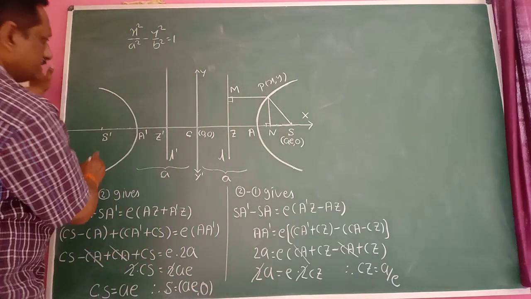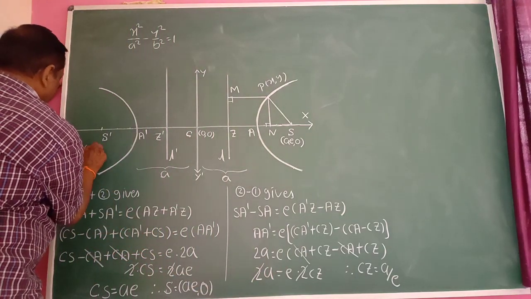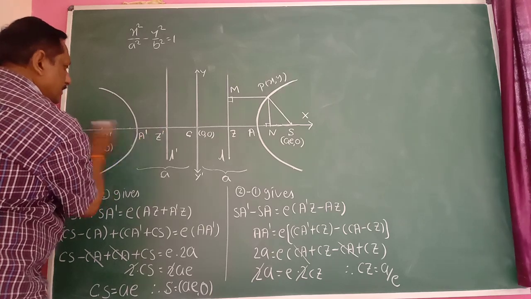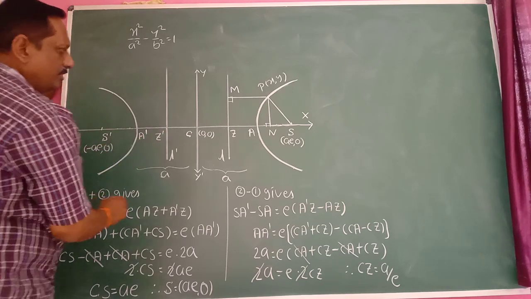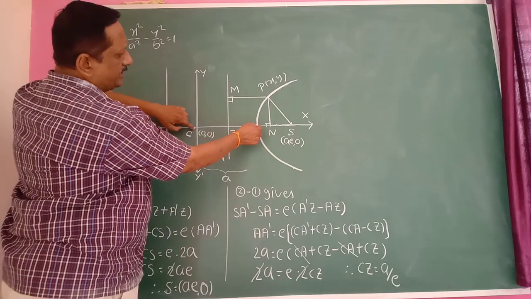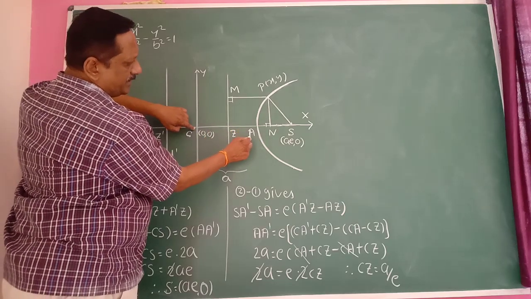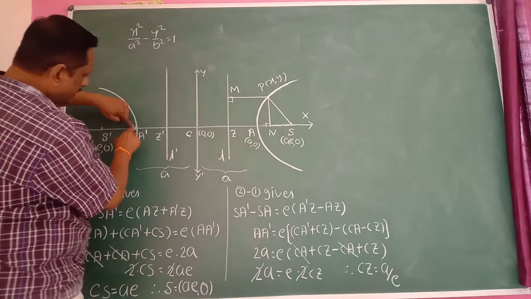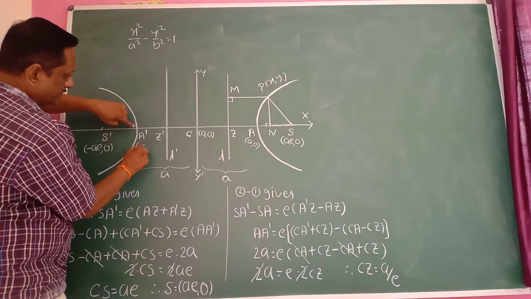So the coordinate of this S dash becomes (-AE, 0), because it lies on the left side here. And you know this distance is A units. The coordinate of the point A becomes (A, 0), and the coordinate of A dash is (-A, 0).